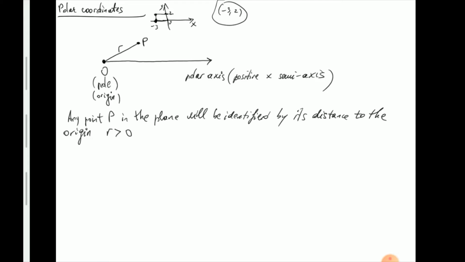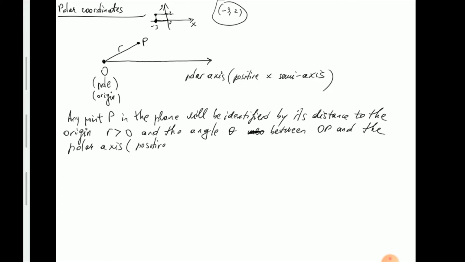So this is r. And the angle theta, the angle between OP and the polar axis. Or as I mentioned, the positive x semi-axis, because it's superimposed to it.